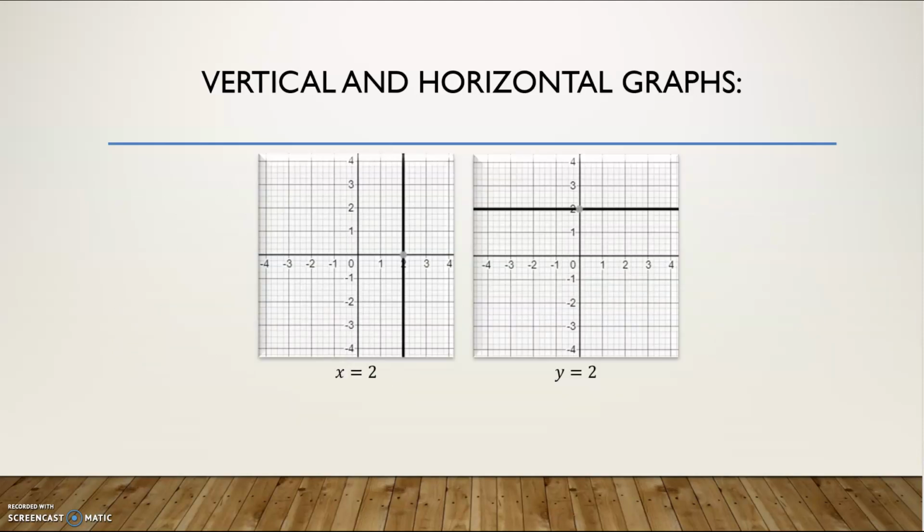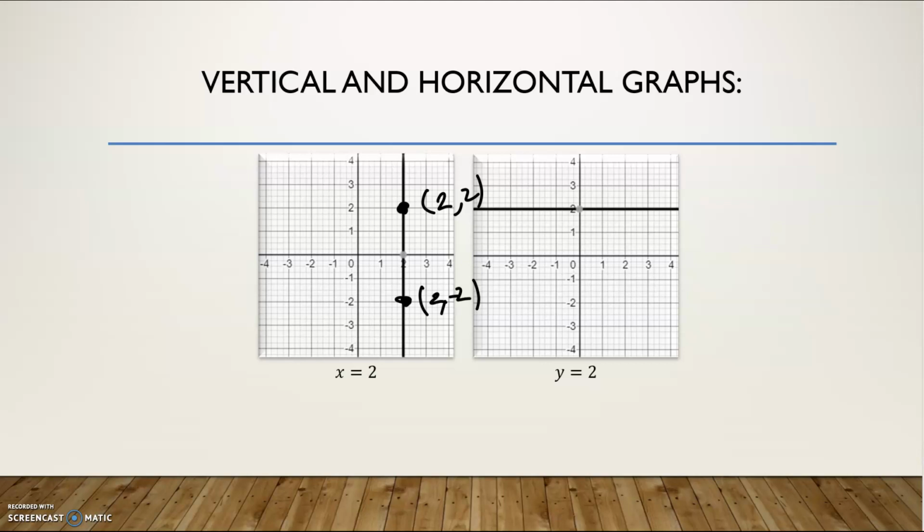Now, say I look at this point right here and this point right here. So this point is 0, 2. This point, no, it's not 0, 2. I was looking at the wrong thing. That point right there is 2, 2. And this other point down here is 2, -2.